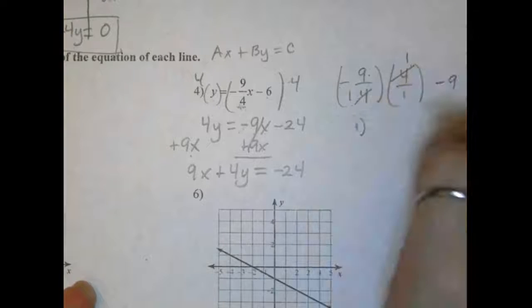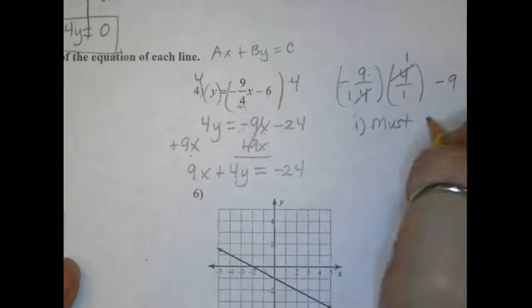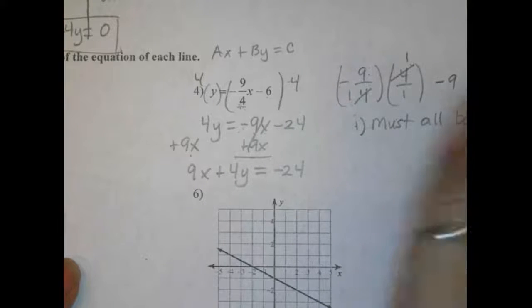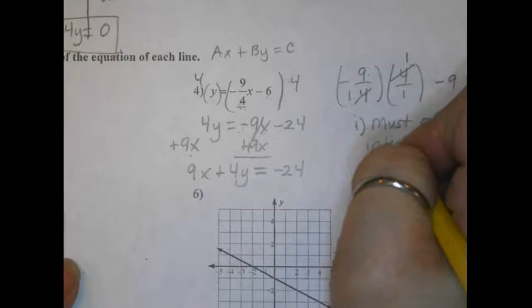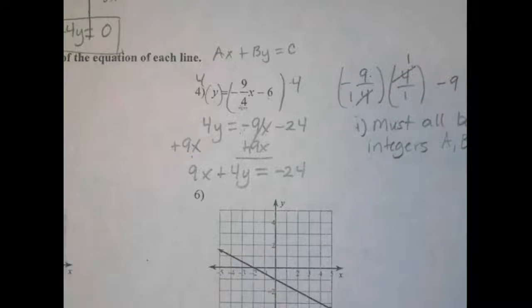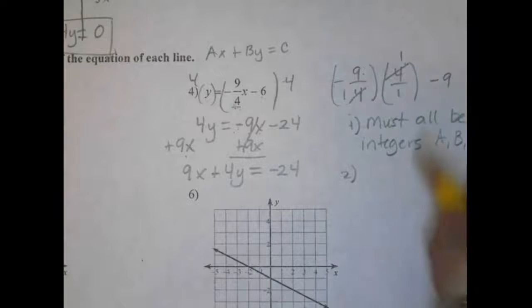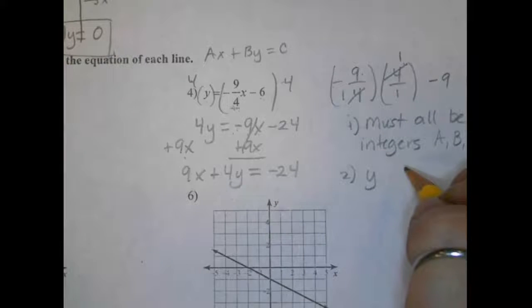My first requirement is that they must all be integers or whole numbers. So A, B, and C need to be whole numbers, right? And then my second requirement is that the coefficient of y must be positive.